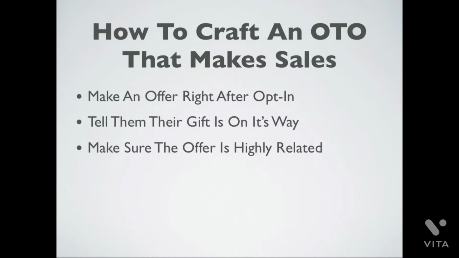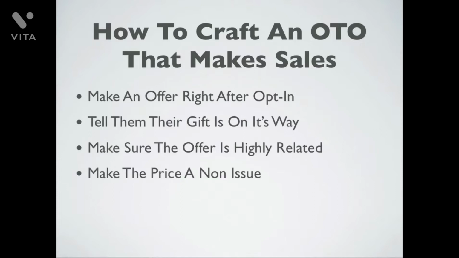And you do want to make sure that the offer is highly related. So if they opt in for something on list building, make sure that you're offering them something on list building or internet marketing related. Make sure it's highly related, and also make sure that your price is low enough so that it's a non-issue. And for me, what I've found is anything that's under $10 is going to be a non-issue for most people.